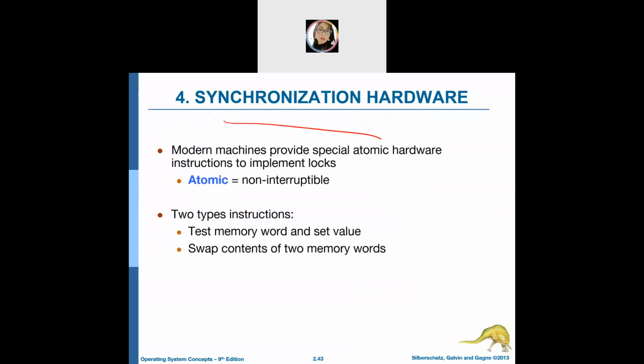Okay, we're going to look into synchronization hardware. Modern machines provide special atomic hardware instructions to implement lock, which are atomic, non-interruptible. Two types of instruction: test memory word and set value, and swap contents of 2 memory words.